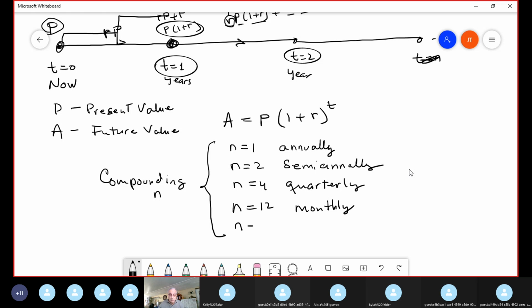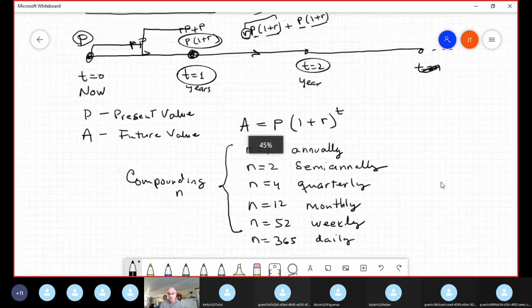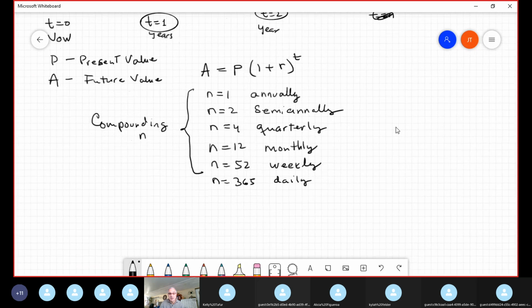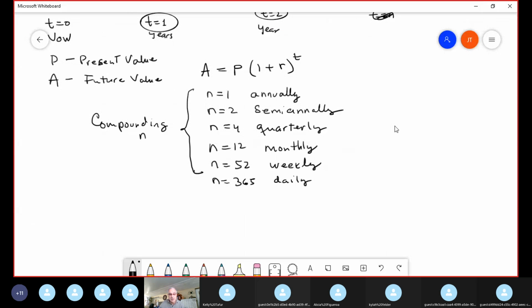N equal 52 is the number of weeks we have in 1 year, weekly. And N equal 365 is daily. This is fixed by the bank. Your account is quarterly, or normally the retirement account in Miami-Dade College is quarterly. So my money increases 4 times in 1 year.